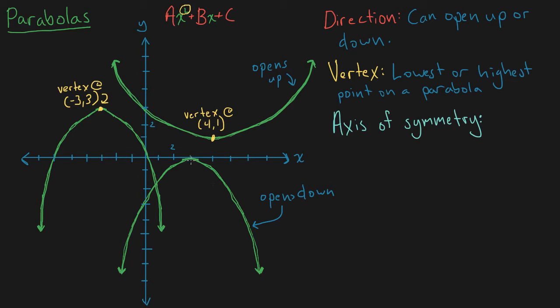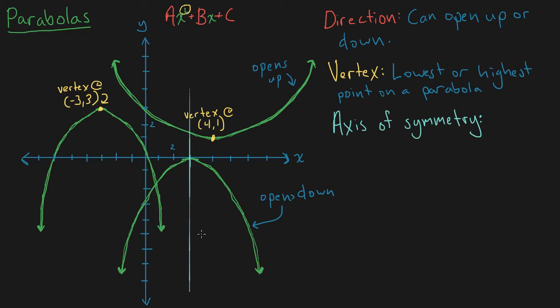Let me draw that a little better. This is the axis of symmetry of this parabola, and it's mirrored on either side of this line. Let me continue this a little further down. There we go.